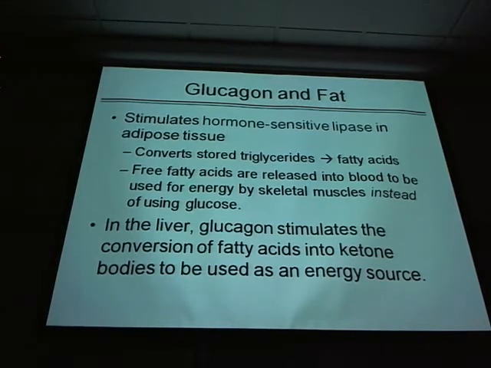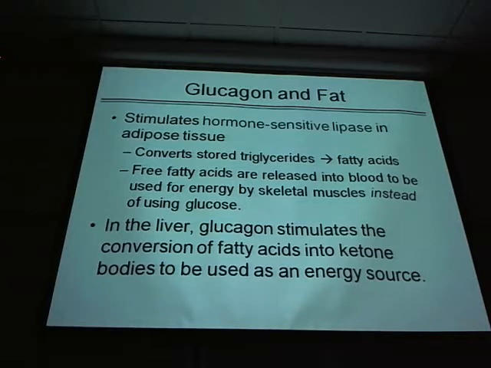Got it. Stimulates lipase in adipose tissue, converts stored triglycerides to fatty acids. The fatty acids are released into the blood. Remember what happens when a fatty acid goes into the Krebs cycle? You get about 108 ATP per molecule. You get a lot of energy.